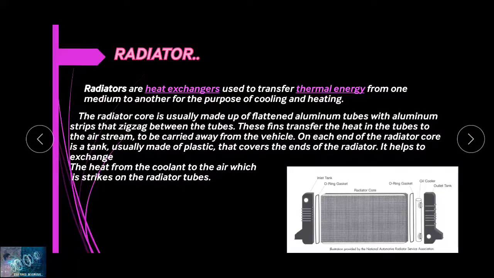These fins transfer the heat in the tubes to the air stream to be carried away from the vehicle. On each end of the radiator core is a tank, usually made of plastic, that covers the ends of the radiator. It helps to exchange the heat from the coolant to the air which strikes the radiator tubes.